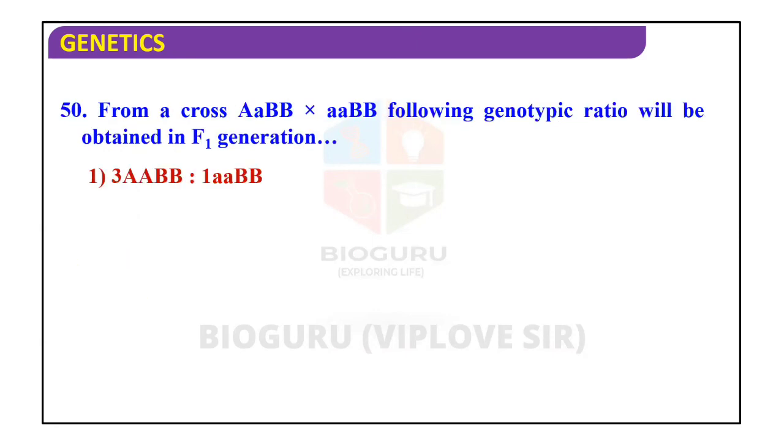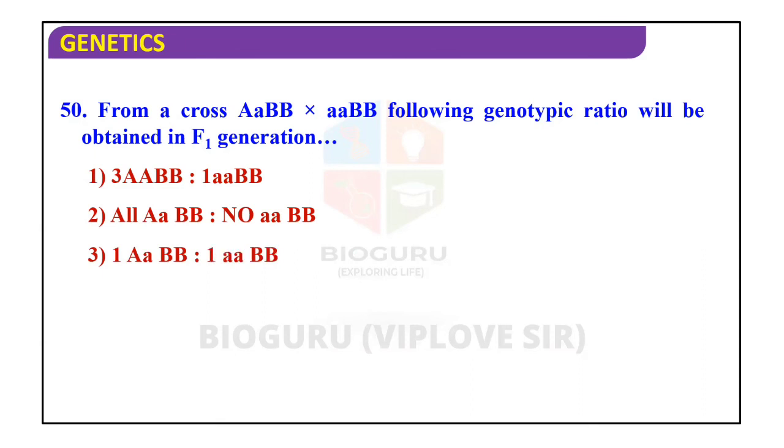That's nice. So from a cross AaBB by aaBB, what genotypic ratio will be obtained in the F1 generation? 3 AABB and 1 aaBB; all AaBB and no aaBB; 1 AaBB and 1 aaBB; or 1 AaBb and 3 aaBB?